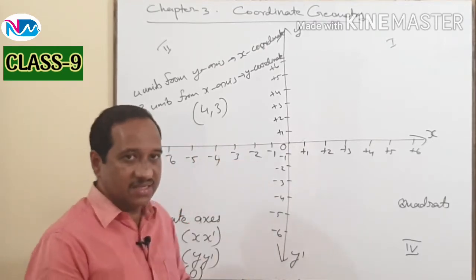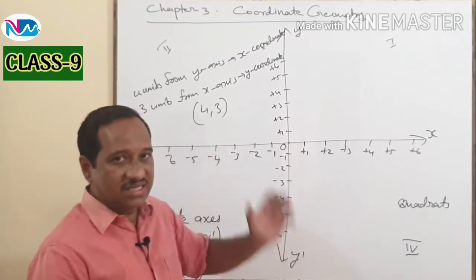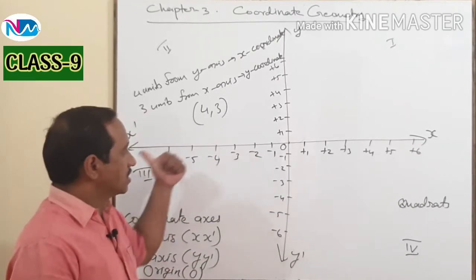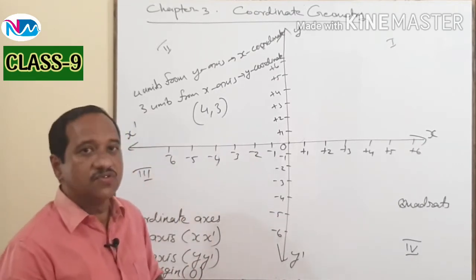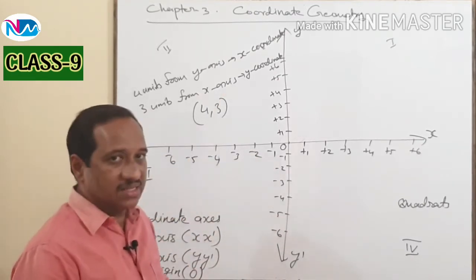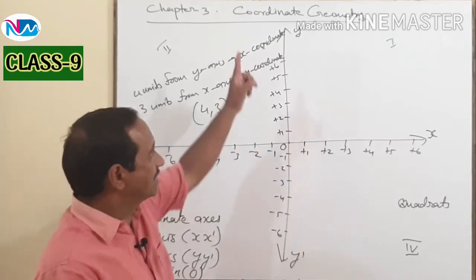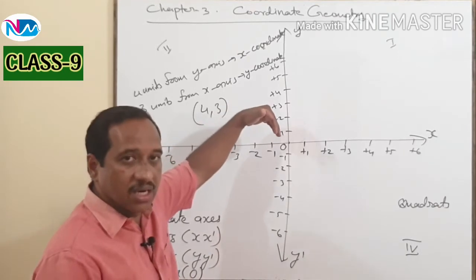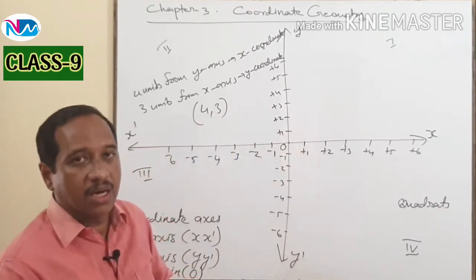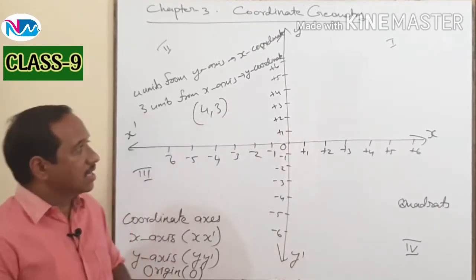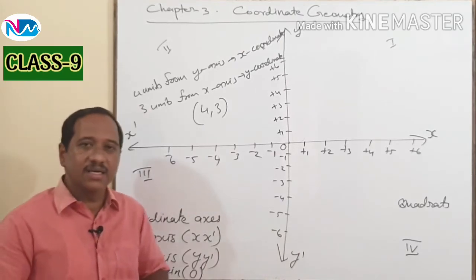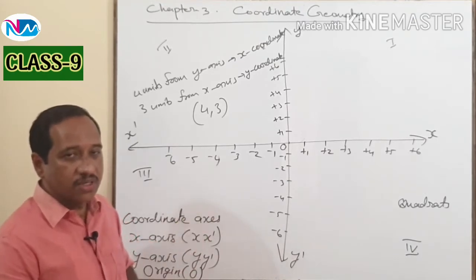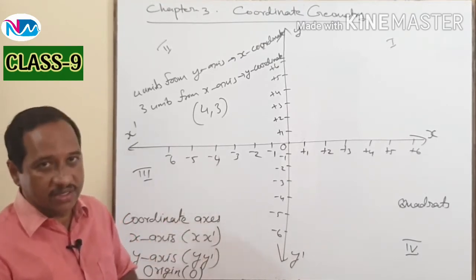And on the x-axis, we mark the distances towards right as positive and towards left as negative. Similarly, along the y-axis, the distances in the upward direction are marked positive and the distances in the downward direction are marked negative. The address of a point in the Cartesian system of coordinate geometry is given in the form of coordinates of a point.